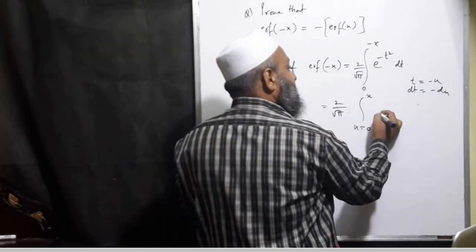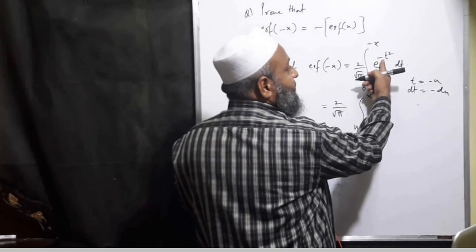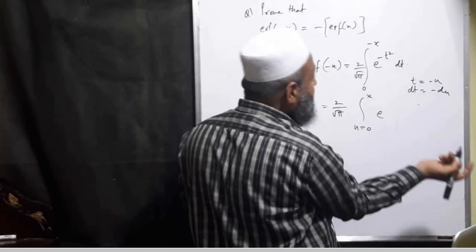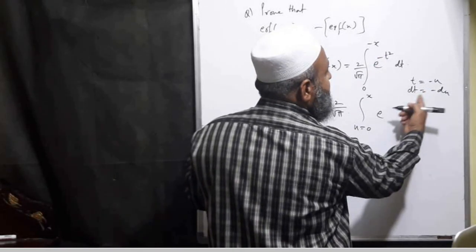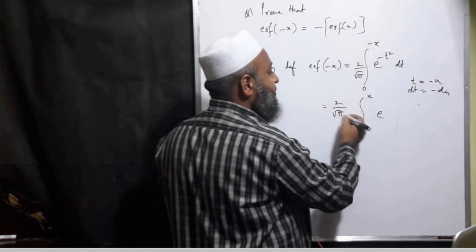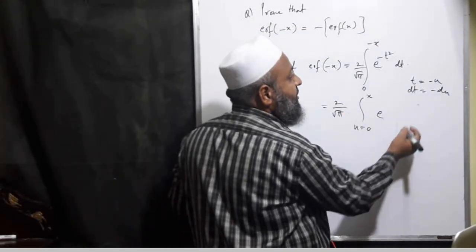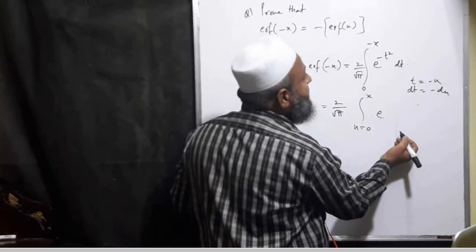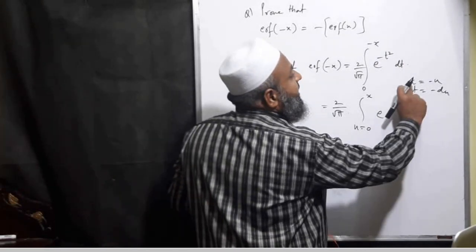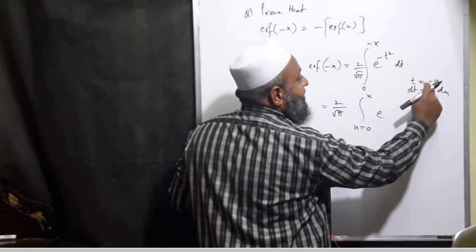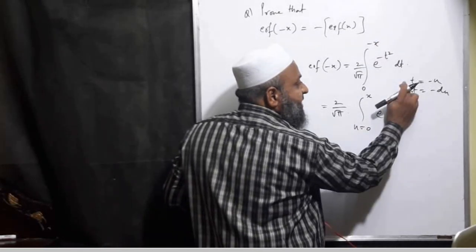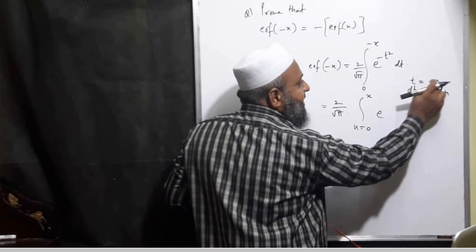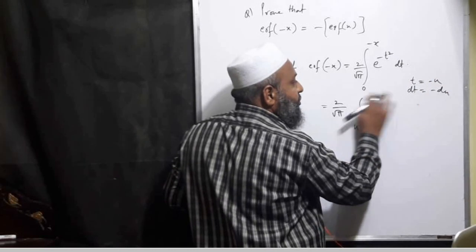Now 2 by root pi integral 0 to minus x, what is the upper limit of t? Upper limit of t is minus x. So minus x, if I write it, then minus gets cancelled, I'll be getting u.